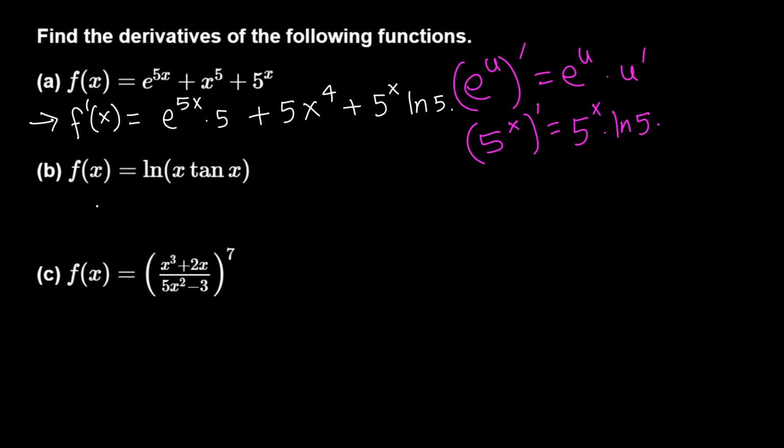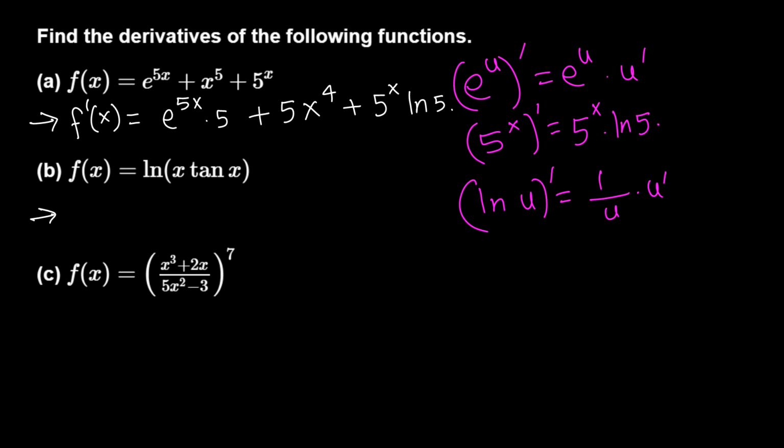In part B, we have the natural log of something. So when we have the natural log of some function of x, and when we find its derivative, that's 1 over u, this argument, 1 over the argument times the derivative of this inner function u prime.